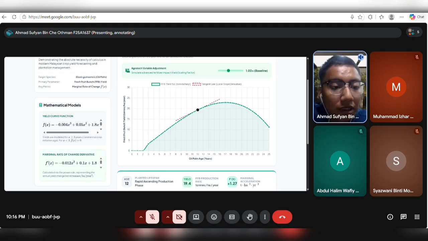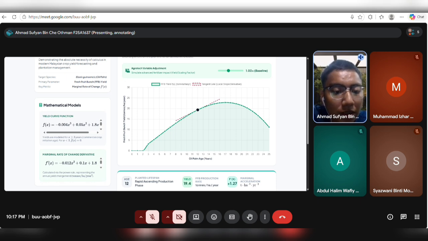The conclusion is that this Agro Derive project successfully demonstrates how mathematical modeling, especially calculus-based derivative analysis, can solve a critical real-world bioscience challenge in oil palm plantation management by analyzing the life cycle of Elaeis guineensis through the age, yield rate, and marginal rate of change.